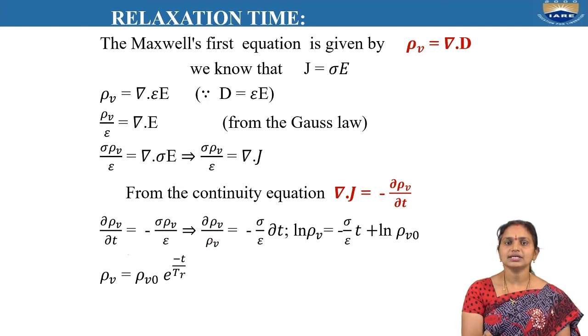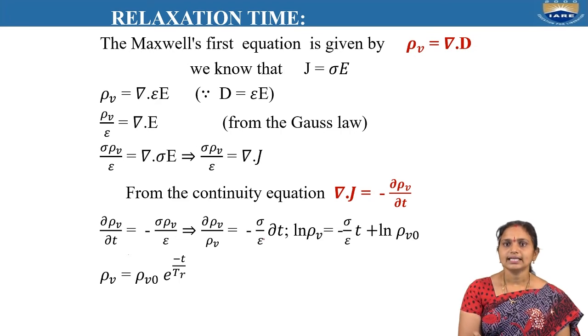Now I am trying to rearrange the terms by taking all rho_v terms together to one side. This is ∂rho_v by rho_v equal to minus sigma by epsilon into ∂t.